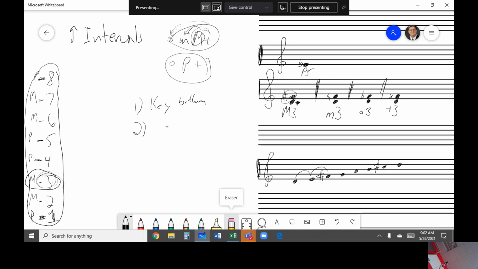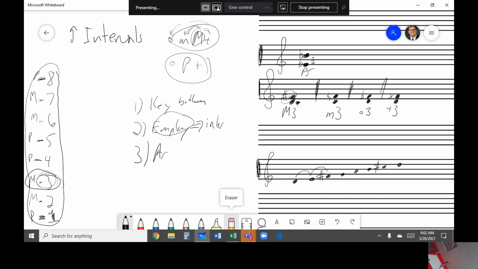Number two, you employ the key signature to the interval. So for E flat, I'm going to go up a fifth, E flat, F, G, A to B. And I'm going to employ the key signature so that it becomes B flat.